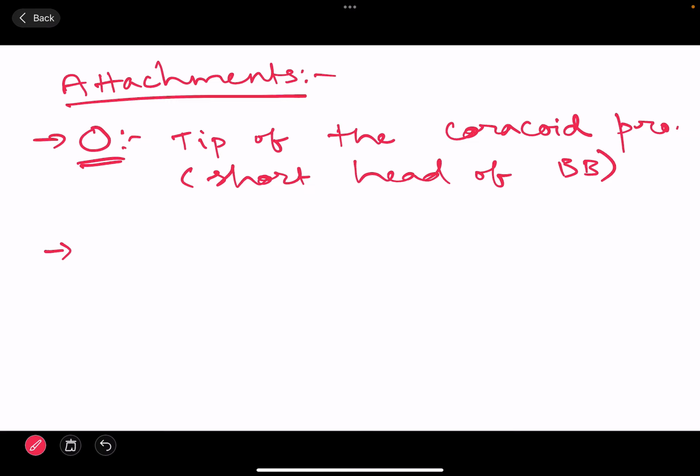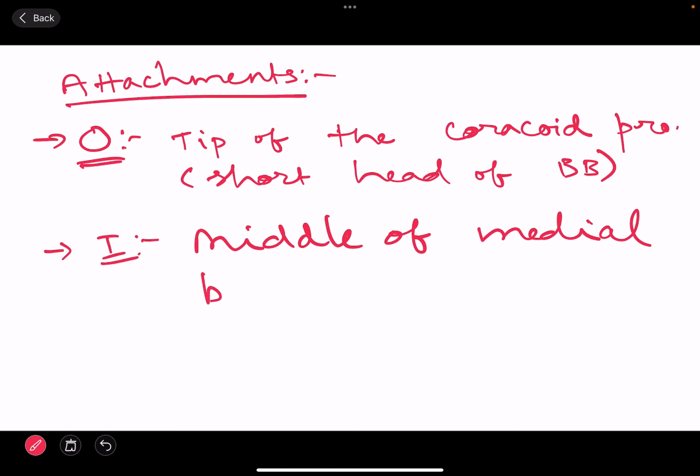That's the origin. Now coming to the insertion, it is inserted to the middle of the medial border of the shaft of the humerus, right?